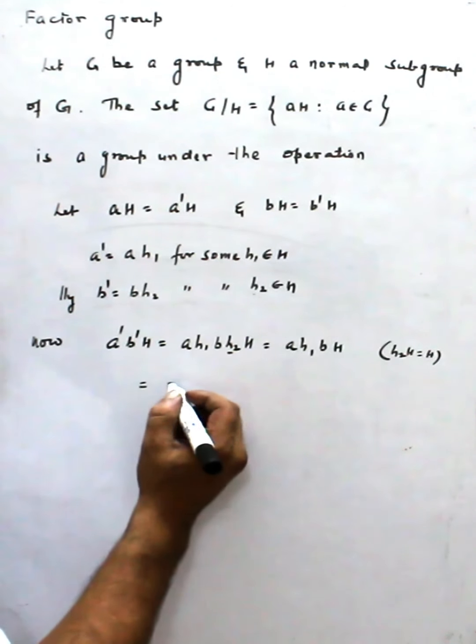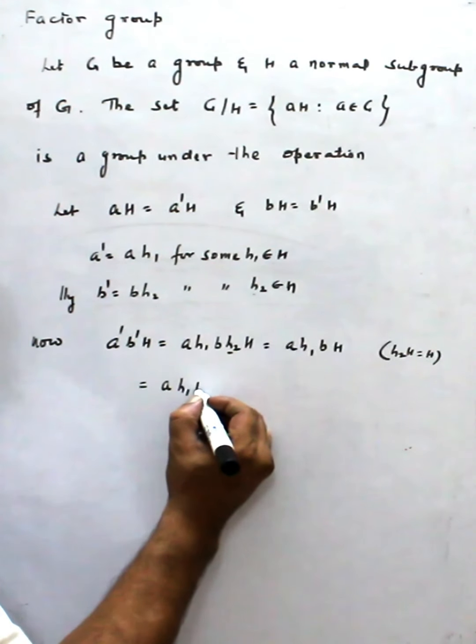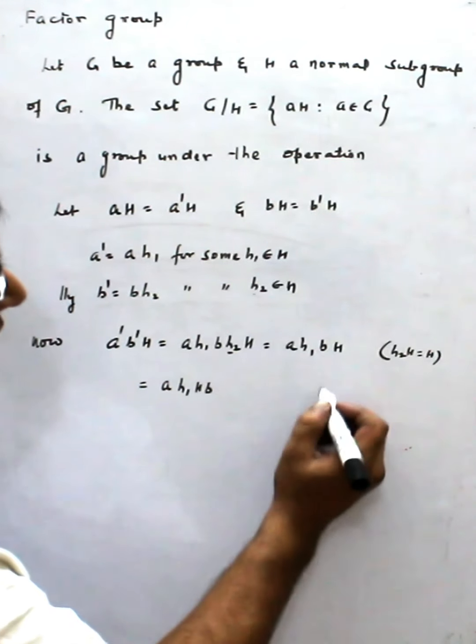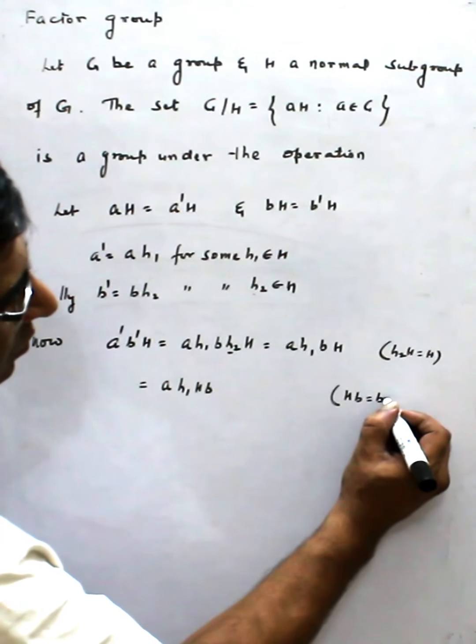This I can write ah1Hb. Why? Because H is normal, so Hb is equal to bH.